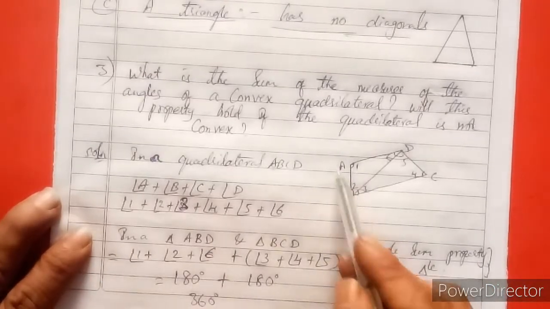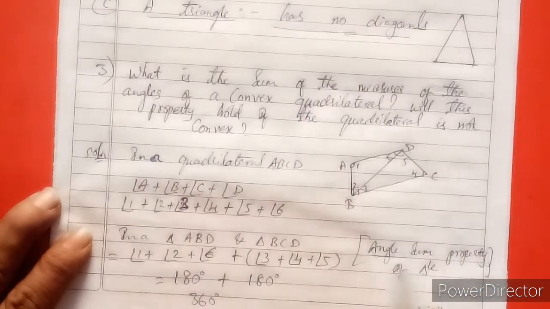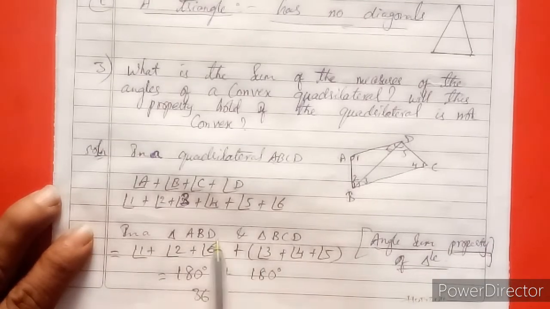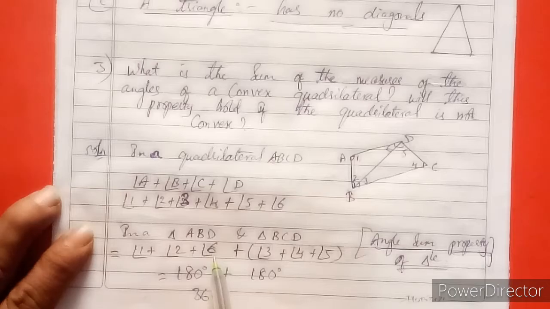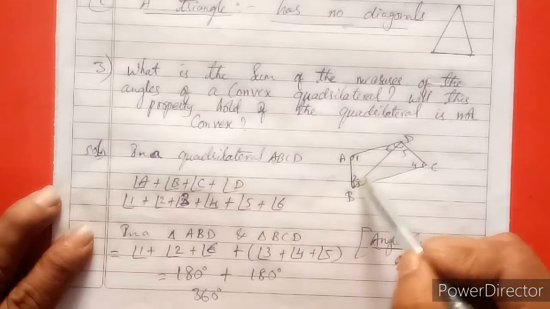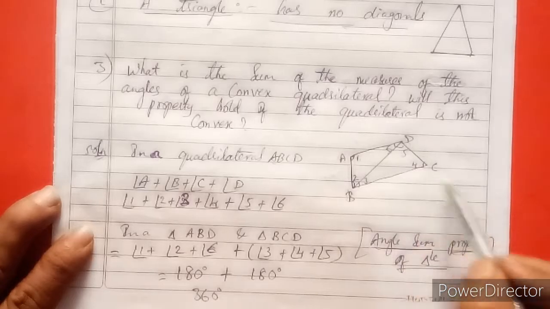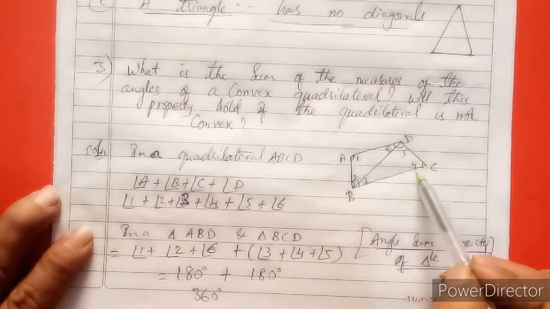After that, we take triangle ABD and triangle BCD. These are the two triangles we have taken, for the angle sum property of a triangle. In triangle ABD, angle A is 1, angle B is 2, and angle D is 6. So we are taking angles A, B and D. And in BCD, angle B here down is 3, 4 and 5.